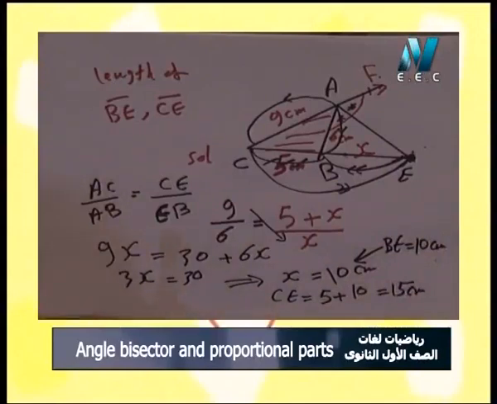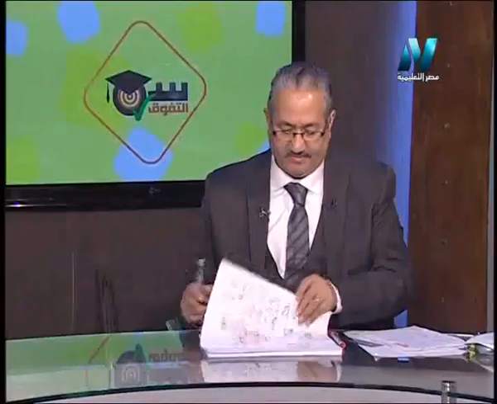So we have solved this example. Look carefully, my dear students, and don't make common mistakes. If we have a bisector AE, we go from BE and return. We have another example here, so pay attention to me and look carefully.